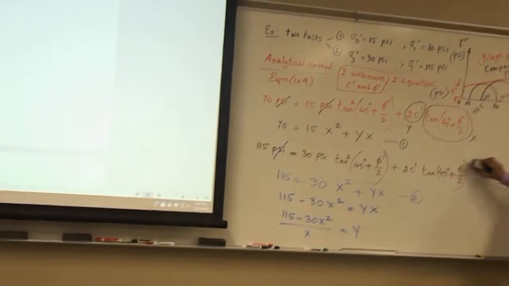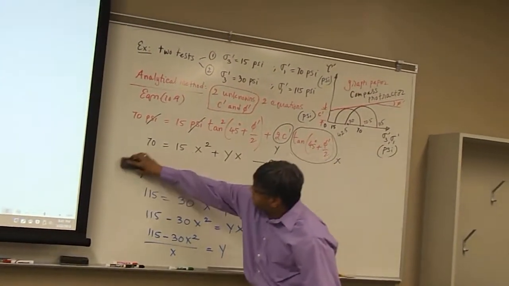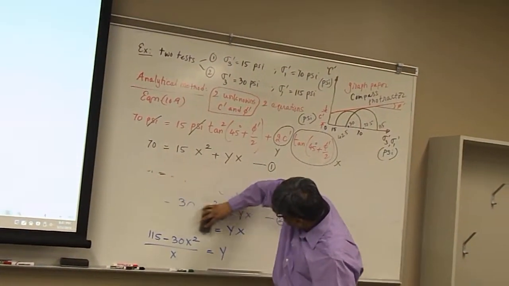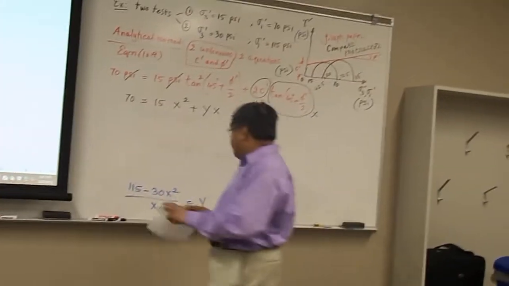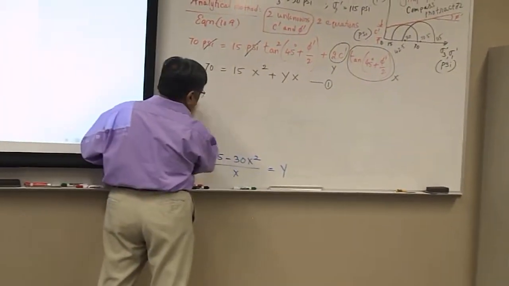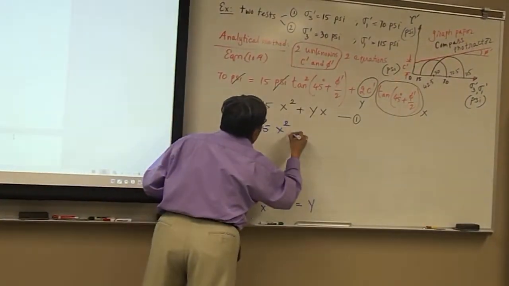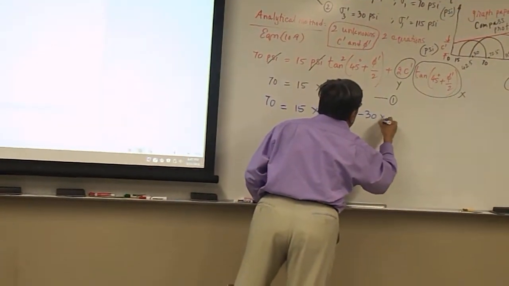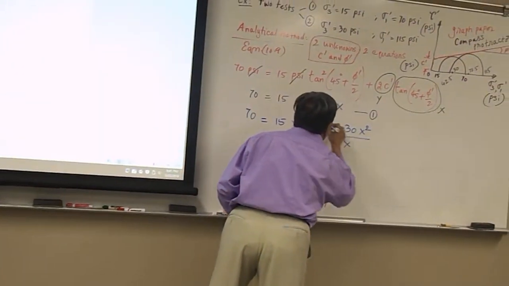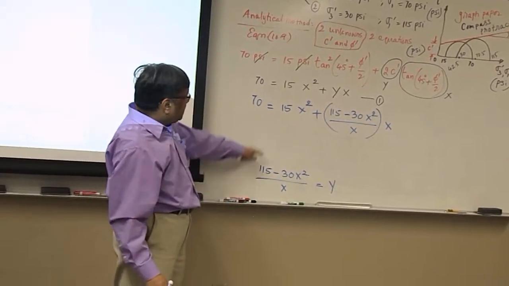So let me erase this one, and I will substitute this y value here, and let us see how easy it is. So here 70 equals 15x squared plus 115 minus 30x squared divided by x, times x. I think you agree with me on that.